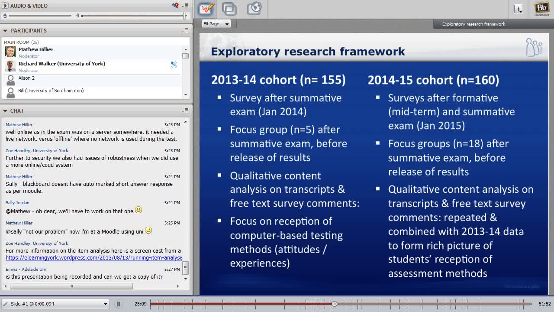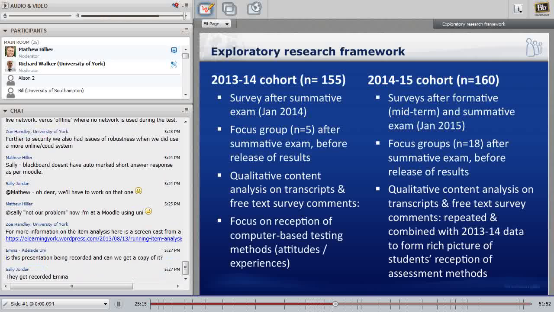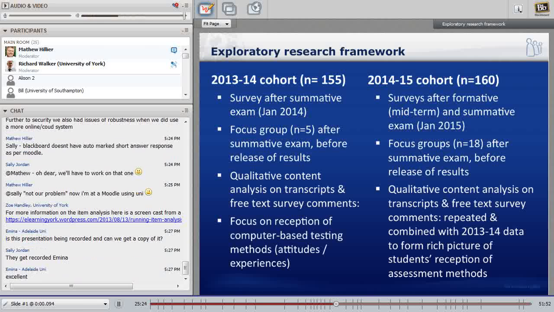In the first phase, these highlighted 2 previously unexplored issues, namely exam techniques, so strategies for answering questions online and organizing which questions you might answer first, so prioritizing questions, and also production or keyboarding.